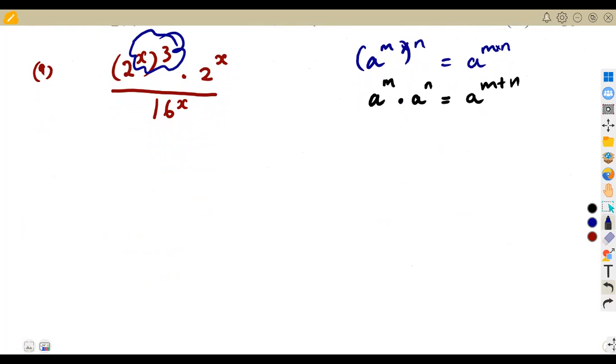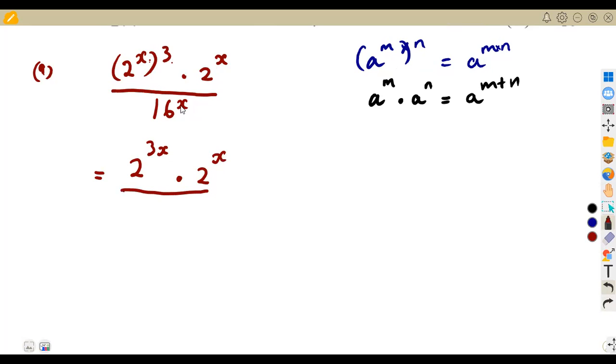Before we talk about the combination of this, let's consider this first. You're going to multiply because there's an exponent and another exponent. So it's going to be 2 to the exponent of x times 3, which is 3x. Now multiplied by 2 to the exponent of x, which is in simplest form.